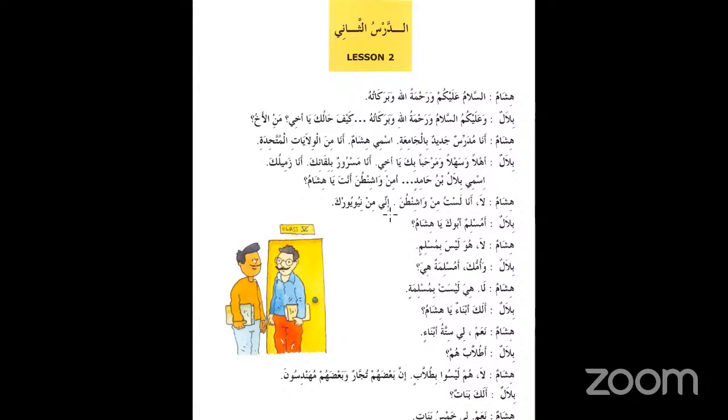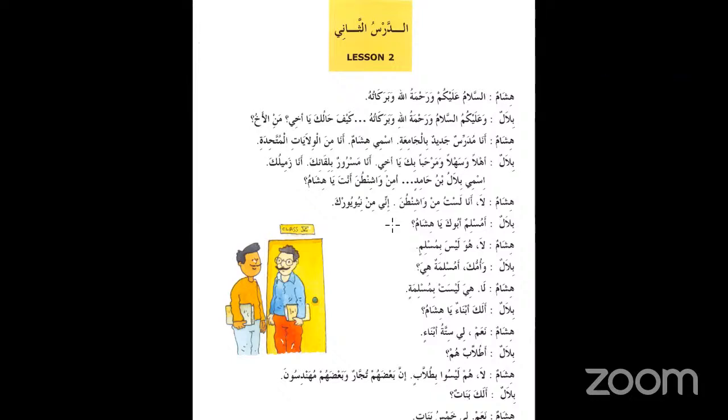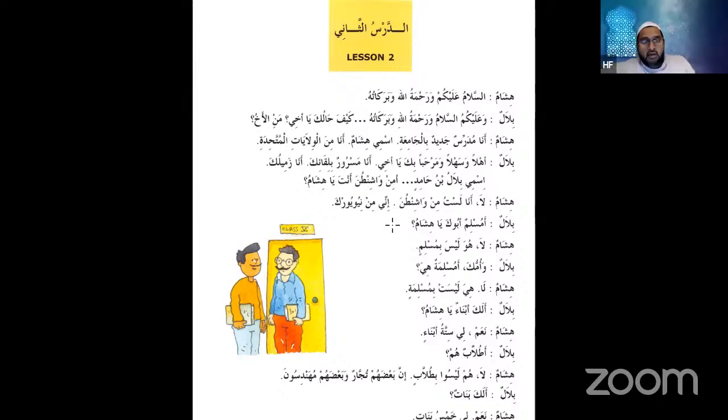Yep. من أين هشام؟ So you could say surely he, or you could say huwa. You could say إنه من New York. إنه من New York. Correct.